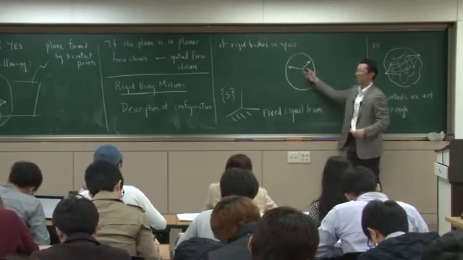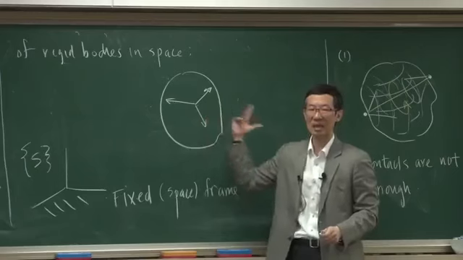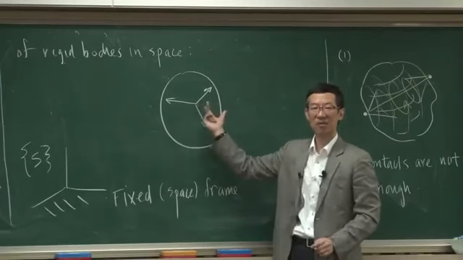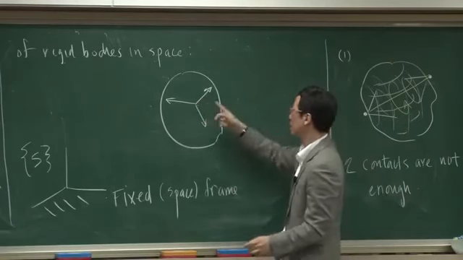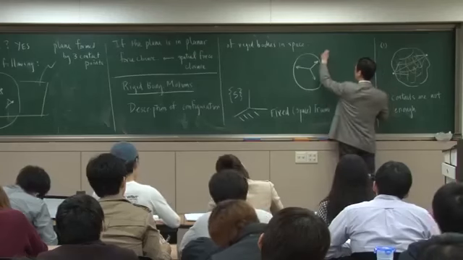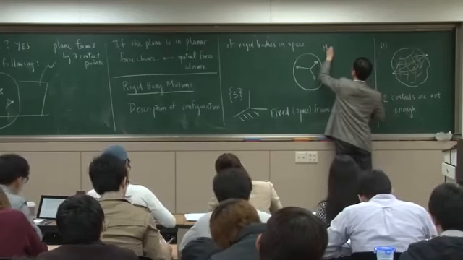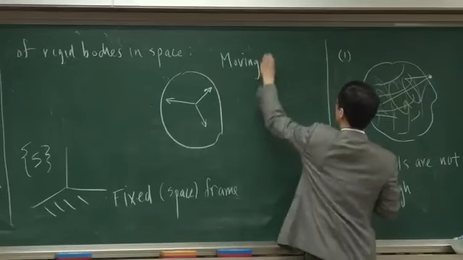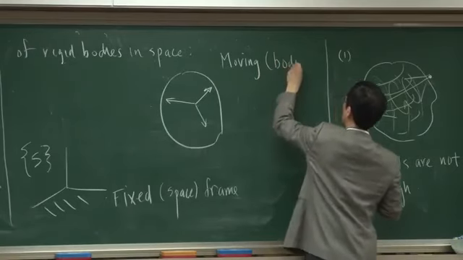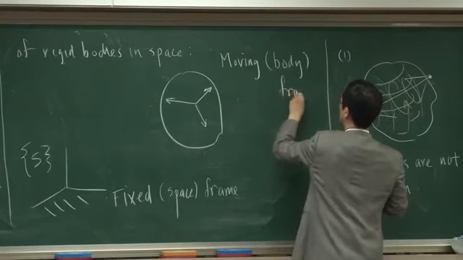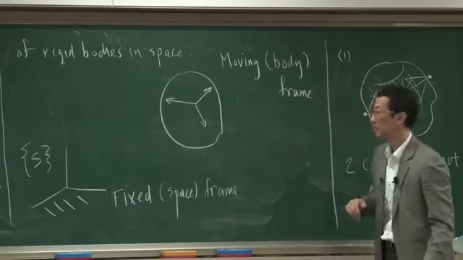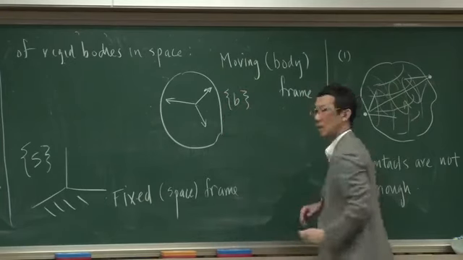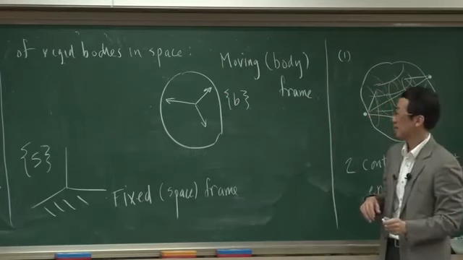This frame moves with the body; it's rigidly attached to the body. So if the body moves, the frame also moves. I'm going to call this the moving frame, because it moves with the body, and also sometimes the body frame. I'm going to use the notation B in these parentheses.